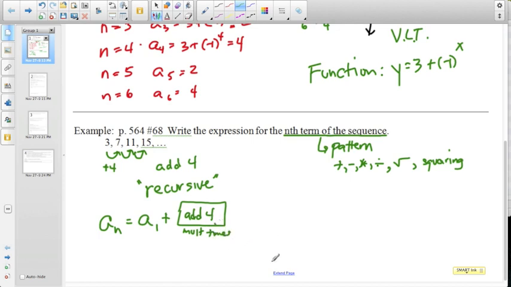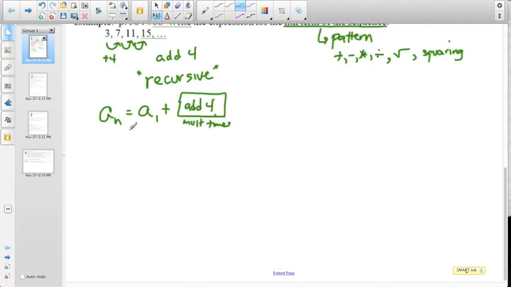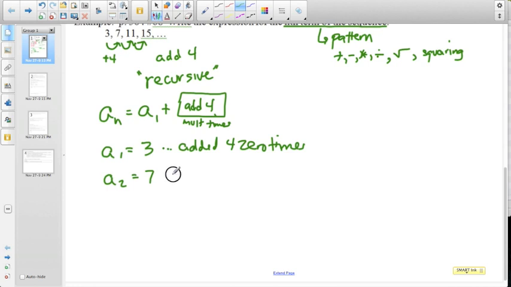So if we look at this, to get a sub 1, we took 3 and we added 4 0 times. If we look at the second term, which is 7, we started with 3 and then we added 4 1 time.